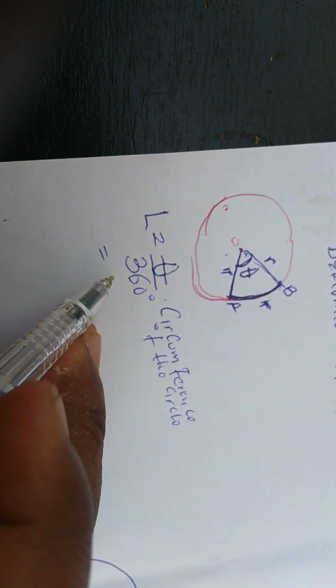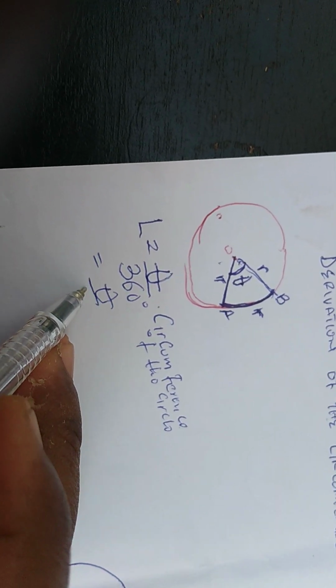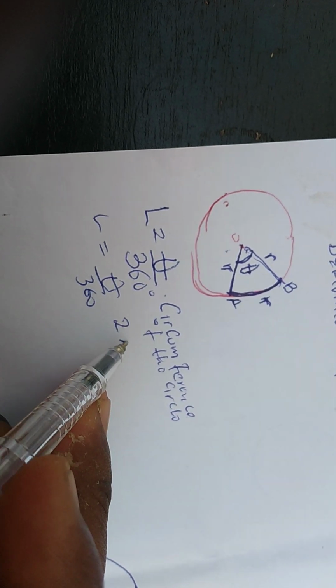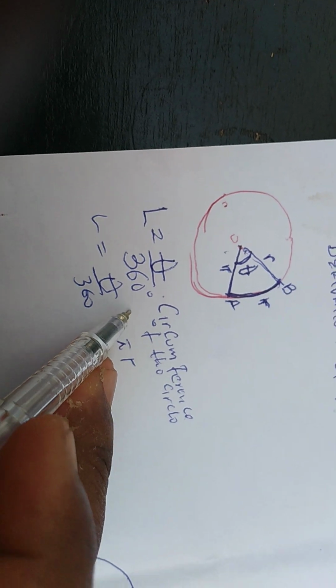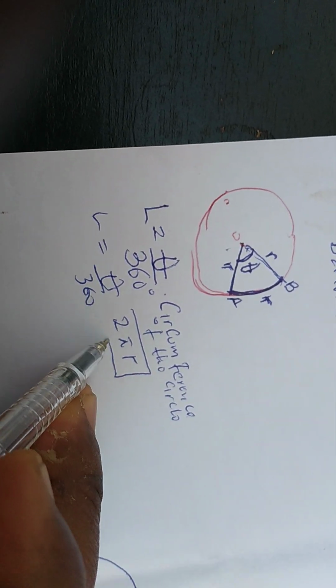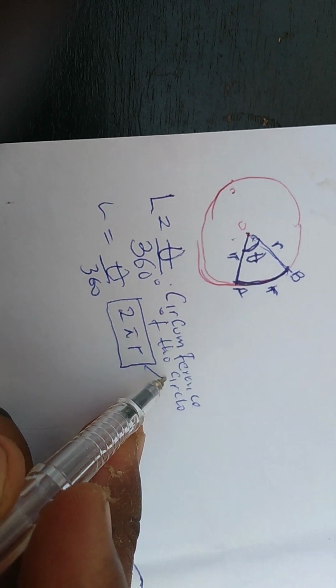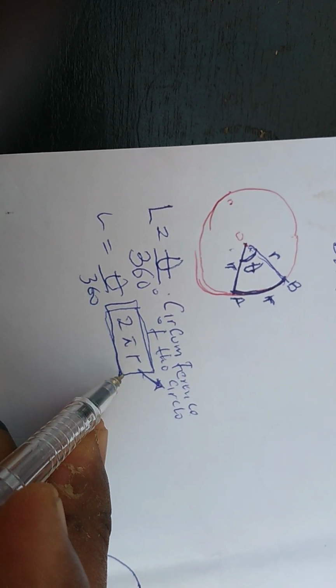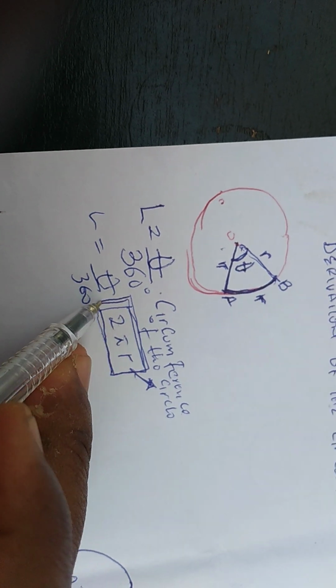The circumference is given as 2 pi r. So theta over 360 times 2 pi r is the length of an arc. I'm going to derive this formula for the circumference of a circle using calculus in this class.